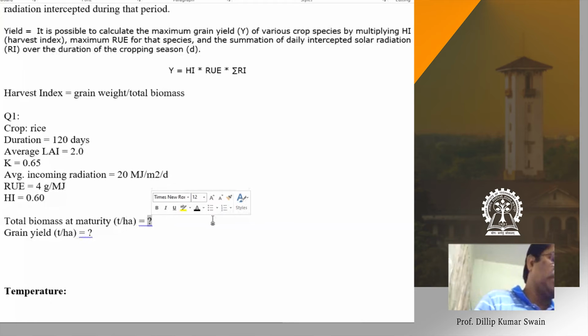When you are getting kg per hectare, multiply by 10, that will give the tons per hectare, I think. Kg per meter square multiplied by 10 will give tons per hectare, isn't it? Yes.